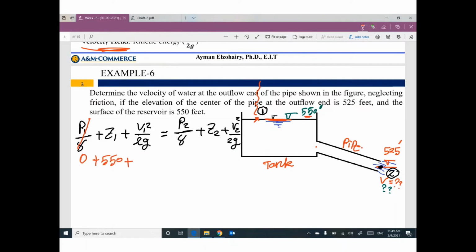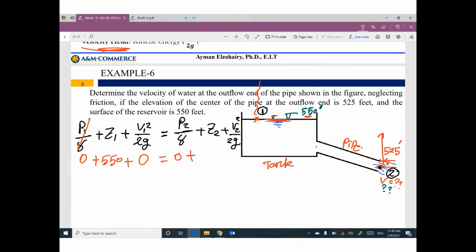What is the velocity? Do you think the water at this surface is moving? Probably yes, but it's very, very slow. We don't have velocity, so V1 squared divided by 2G equals 0. What is the pressure above this point? Do you have gamma H? No, we don't have. 0. What is the elevation of this outflow?